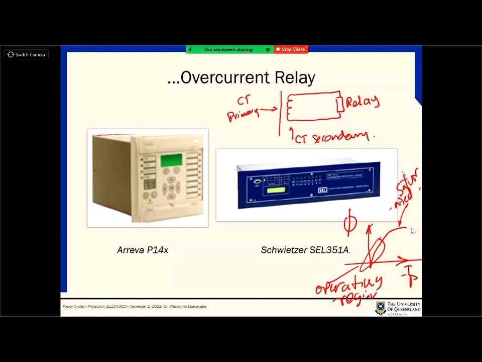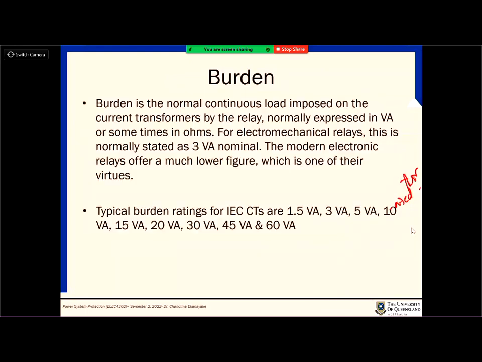So to avoid that, you need to go with lower impedance relays. And that is what we call burden. Burden is the impedance of the relay.